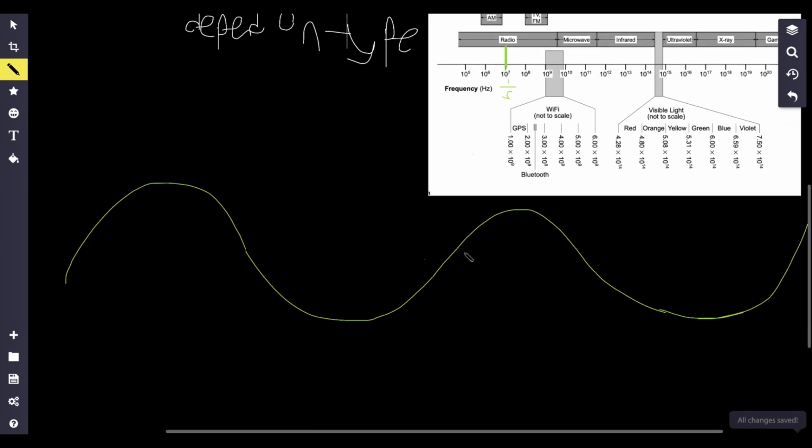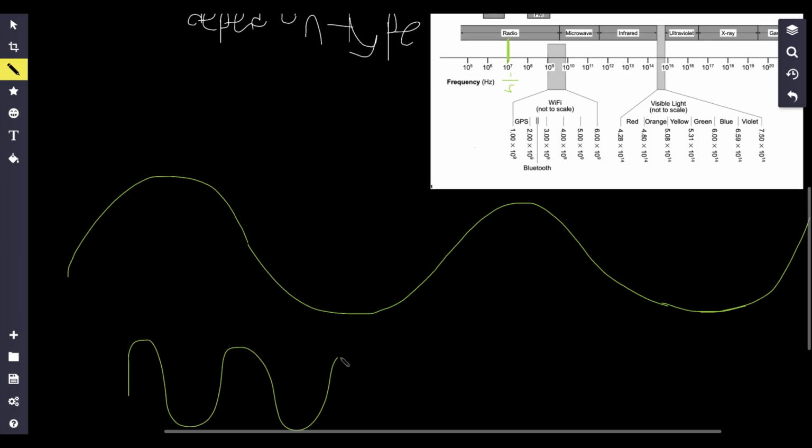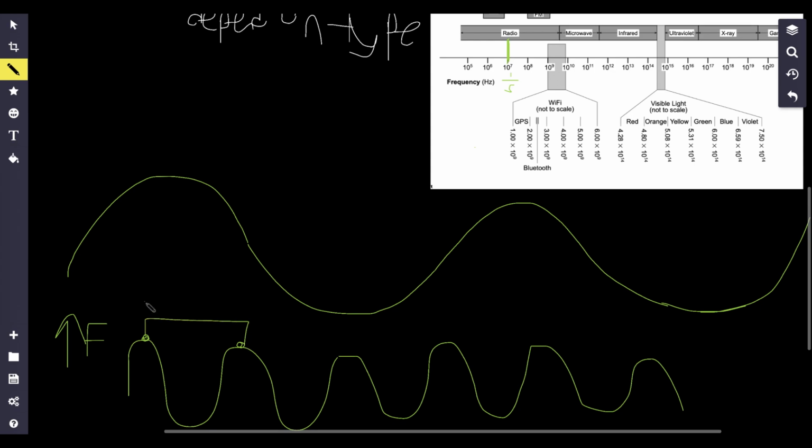So this is like a wave that's not very frequent, and this right over here is an example of a wave that has a high frequency. Notice how when the frequency increases, my wavelength decreases. The wavelength, the distance between two consecutive corresponding points, decreases.